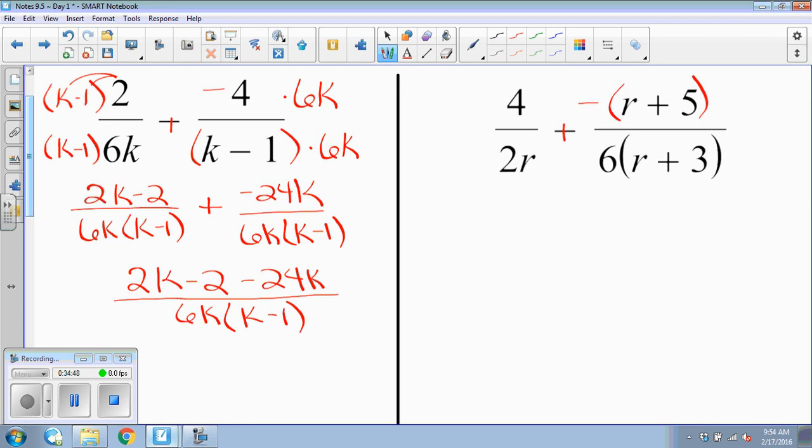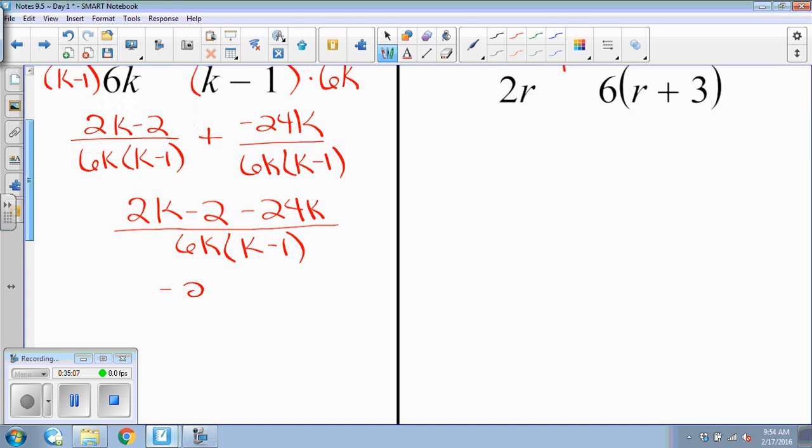What now? Combine my like terms, because I have 2K minus 24K. That's a positive 2, that's a negative 24, negative 22K. So that's negative 22K minus 2 over 6K times K minus 1.